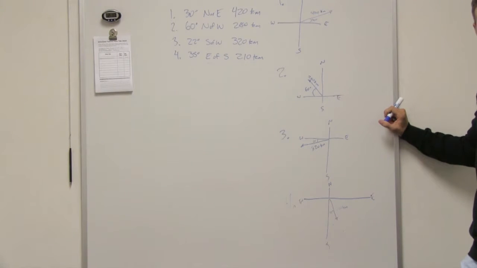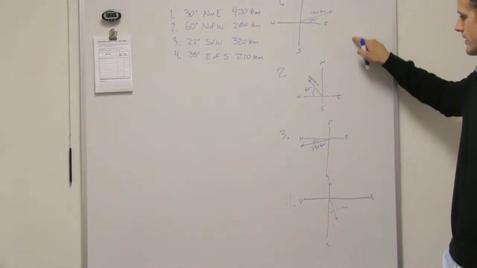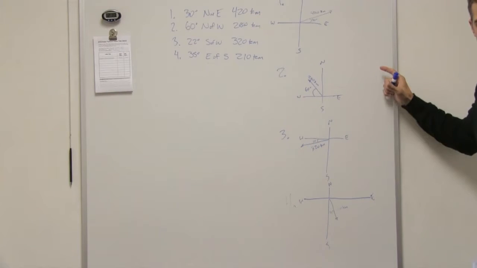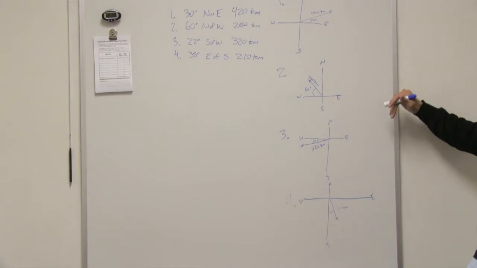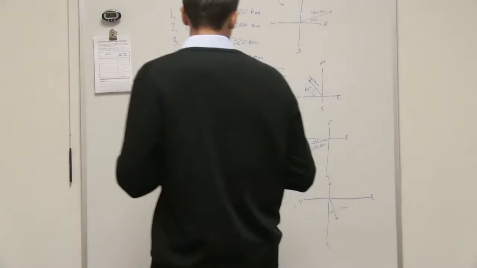So what would the actual path of this plane look like? We know what the vectors each look like, each section, but what would the full path look like? It looks like it's going around like a circle. Following the vectors is going in a circle.